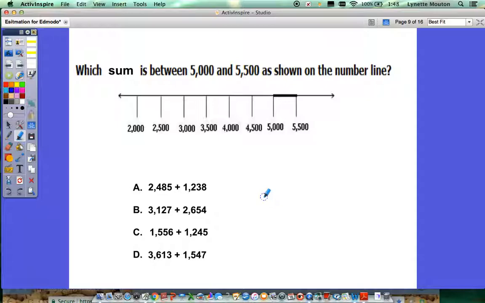Here's another tricky one, unfortunately, and I'm sorry that estimation has so many different strategies you can use, but it's just how it is. But we're going to make it through, because you're going to use your computational fluency to decide which strategy to use. Which sum is between 5,000 and 5,500?